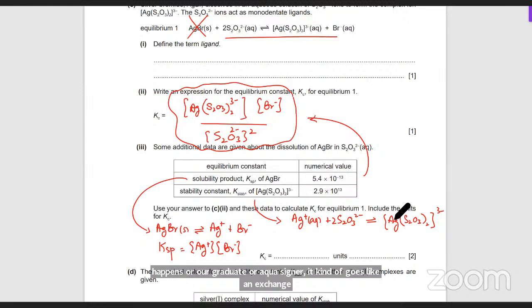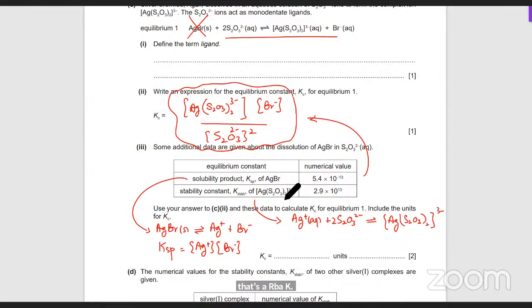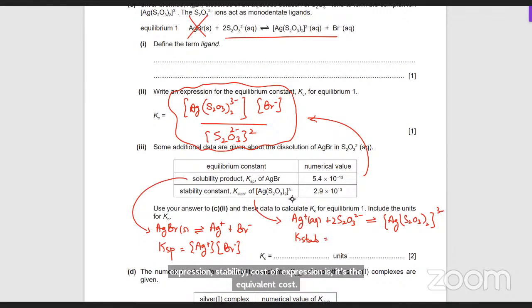अच्छा, अब ये कि what do you do next? अच्छा, what is stability constant expression? Stability constant expression is it's the equilibrium constant for a ligand exchange reaction when a complex ion is in equilibrium with its aqueous ions.